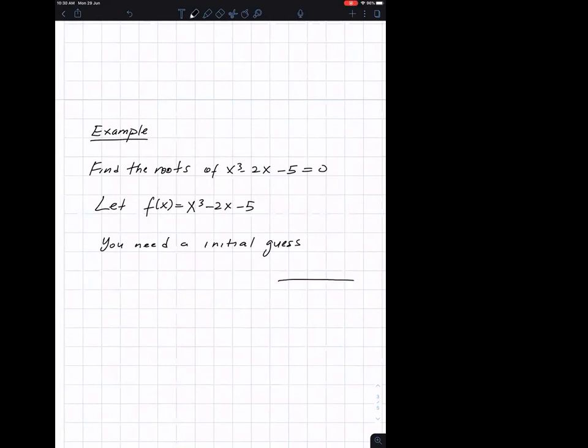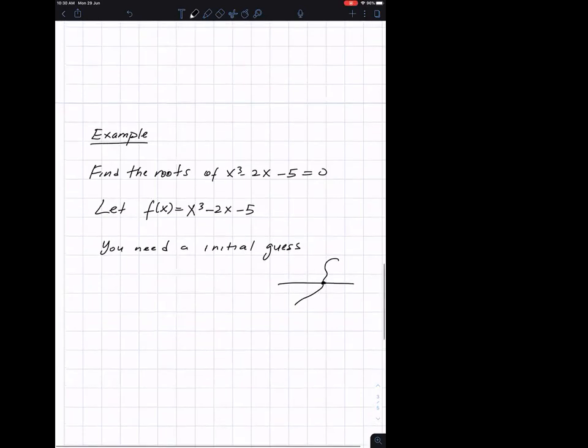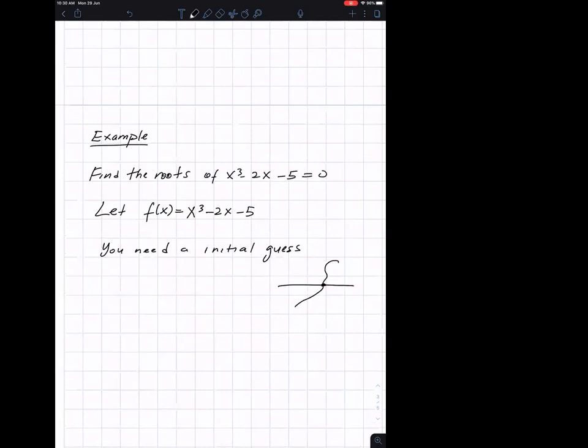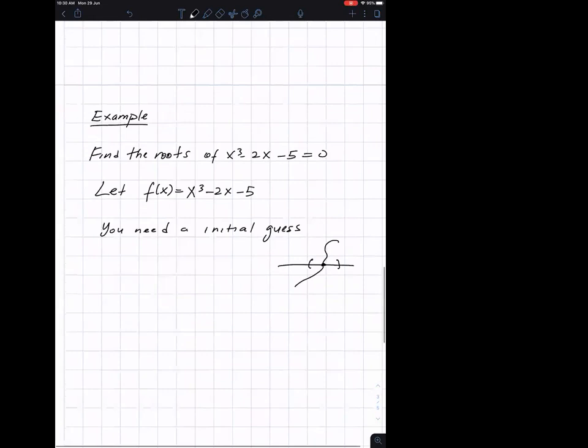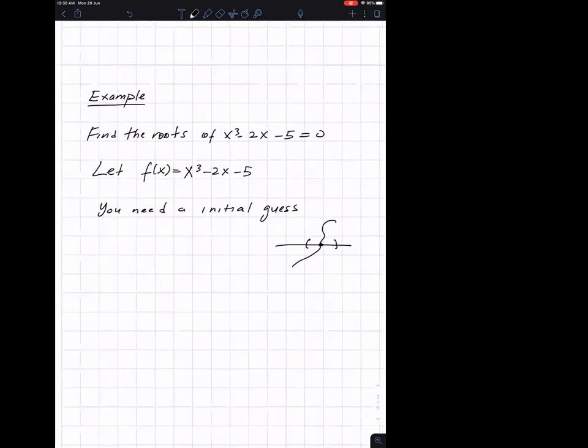If the polynomial is crossing the line, we don't know exactly where it is crossing, but we can find an initial guess. We can find an interval. For example, giving you the idea, let's say this is the actual root.